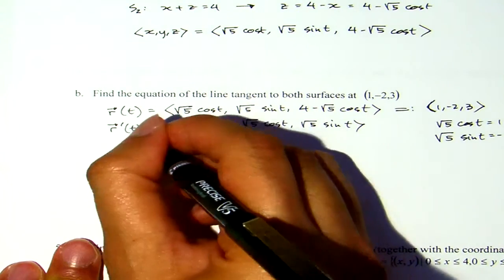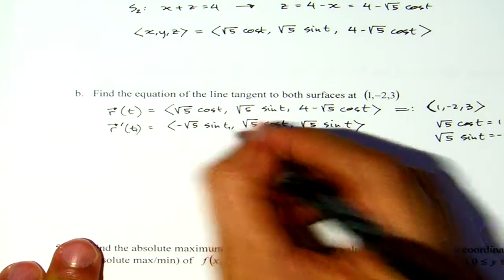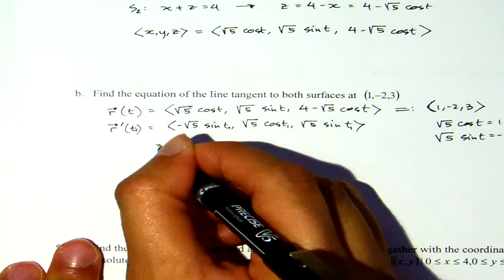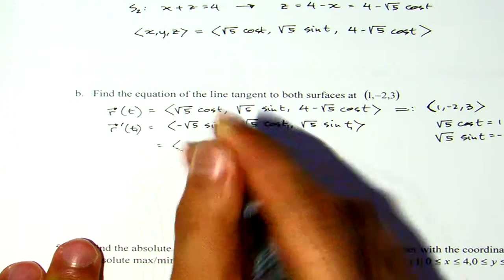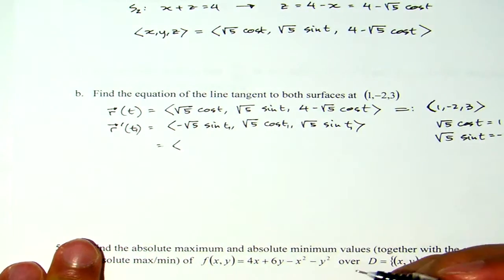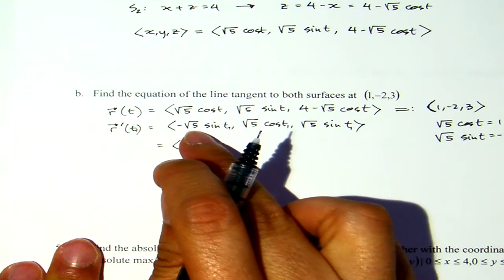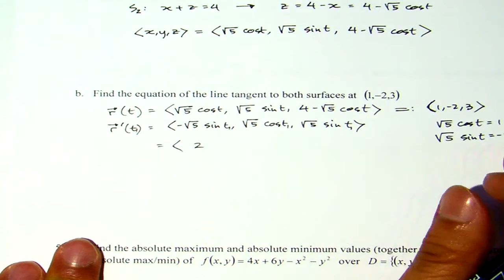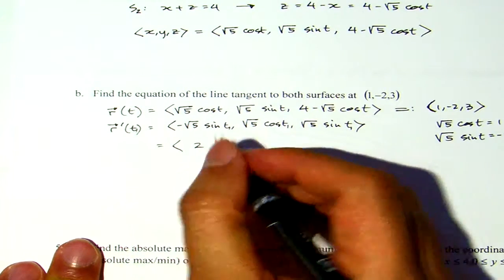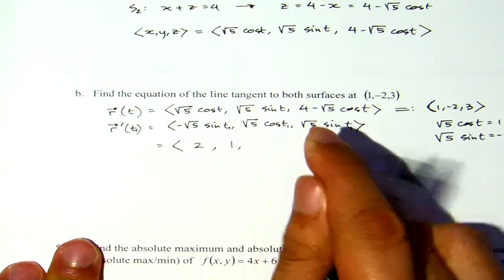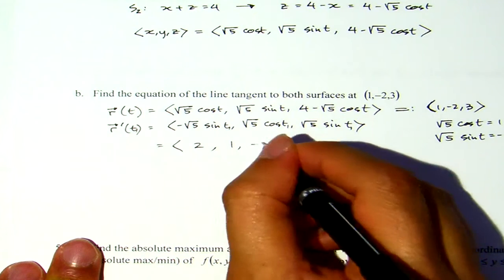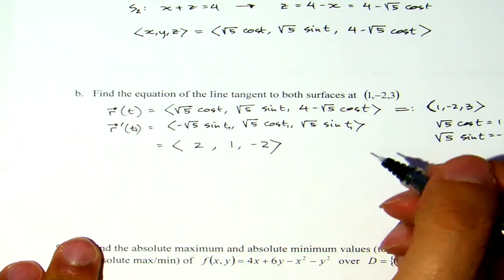Okay, now using that situation, at that t there, let me call it t1, the value of r prime will therefore be 2 for this, because radical 5 sine t is -2. This is the opposite of that. And this one will be 1. What will this be? -2.